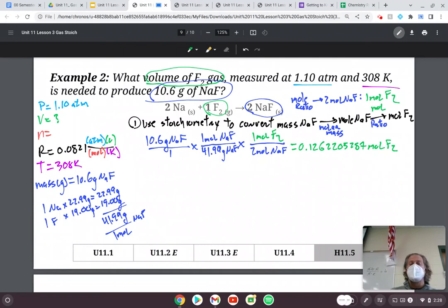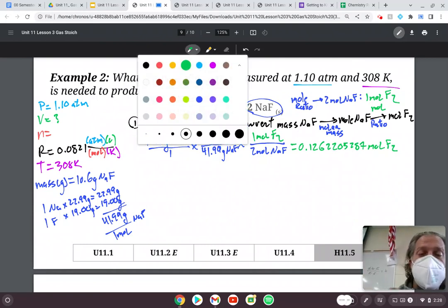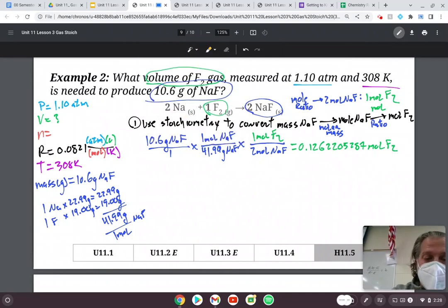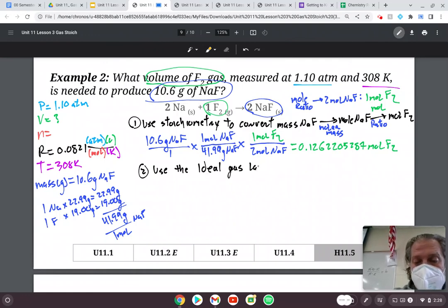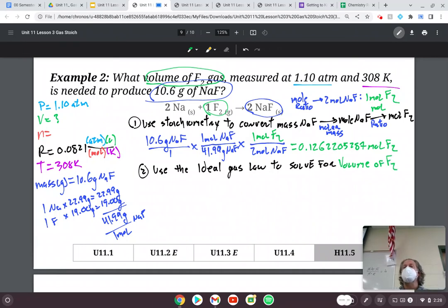Okay. So then the second step here in this problem is to use the ideal gas law to solve for volume of F2.